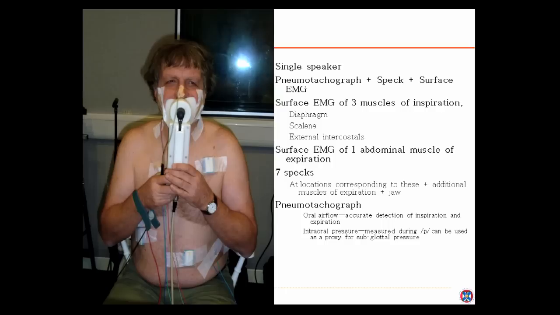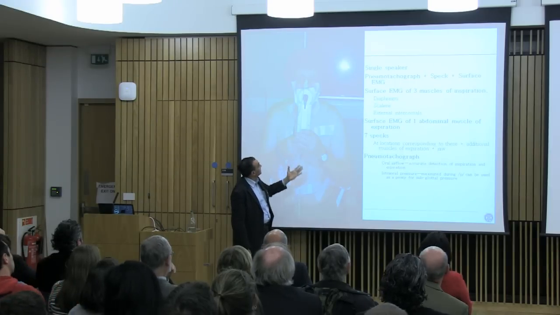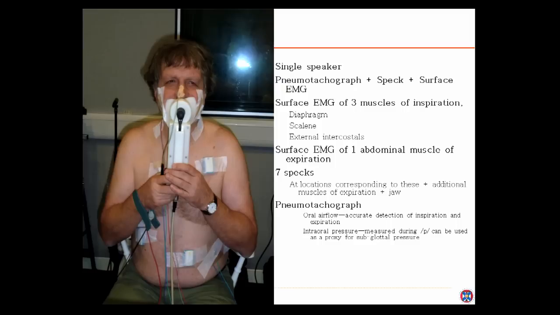He was actually enjoying this, I promise you. You have a Mototachograph, and you have specks, and you have surface EMGs. You have that in three muscles of inspiration: the diaphragm, the scalene muscles, and the external intercostal, and then you have seven specks. This is a major piece of work which is still being analyzed, because there are huge amounts of data.